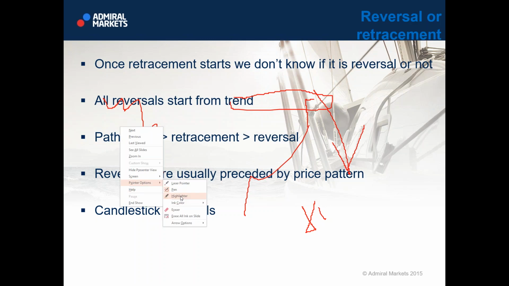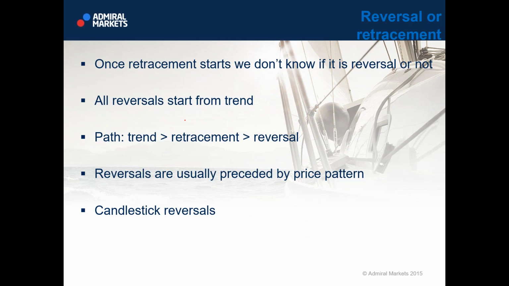And all reversals start from trend. Do not forget, you don't know whether it's a reversal or just a retracement. Okay? You don't know that. The path is trend, retracement. Okay? Still, we are in a trend. And then reversal might happen.